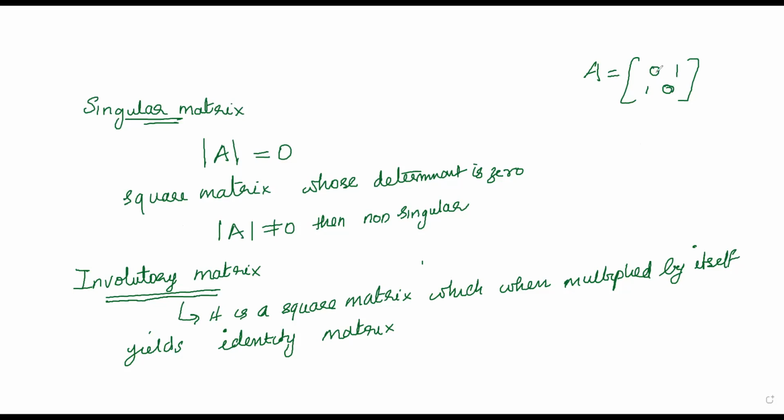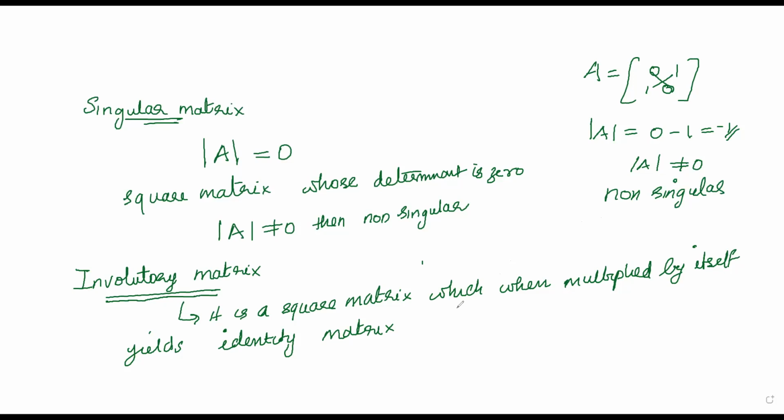For that, we have to take the determinant. Determinant of A is 0 into 0 minus 1 into 1, that is 0 minus 1, that is minus 1. So this is not a singular matrix because the determinant is not 0. It is non-singular. So the first option is not correct.